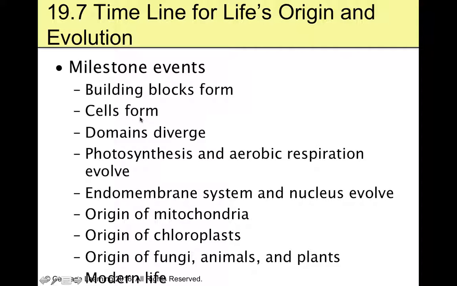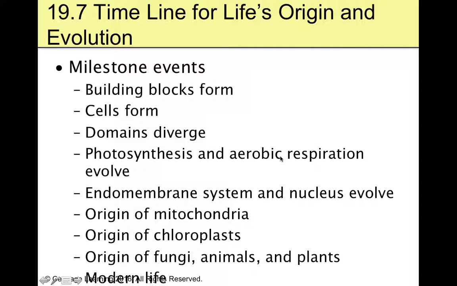Getting those first cells, that's a big deal. These are huge steps to make. Diverging domains, thanks to archaea, bacteria, things that are photosynthesizing, plants versus animals, is all going to start from really simple things like whether or not you have a chloroplast. Photosynthesis, having oxygen in our atmosphere, completely changed everything.